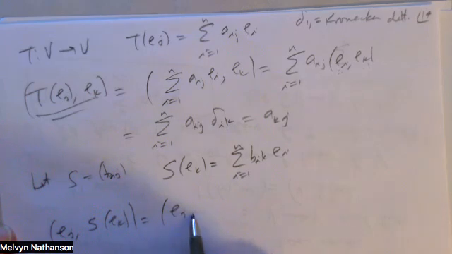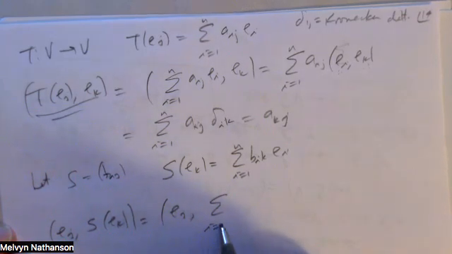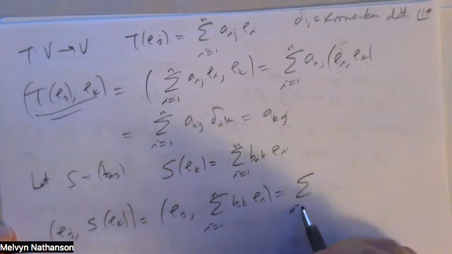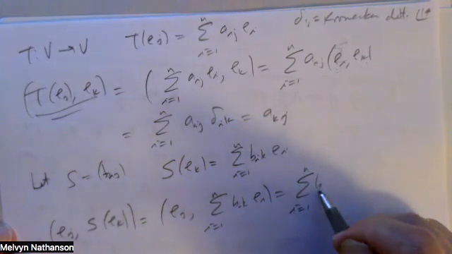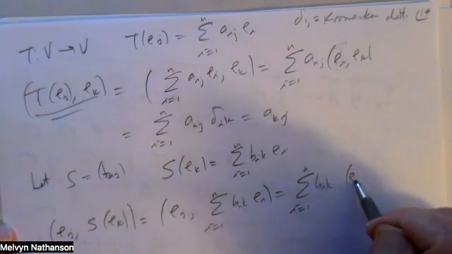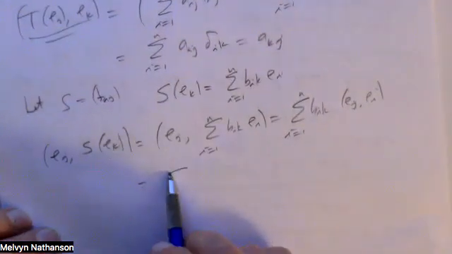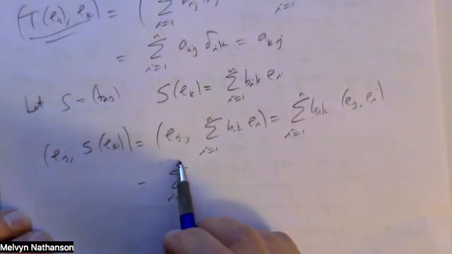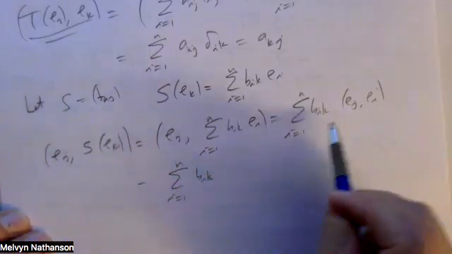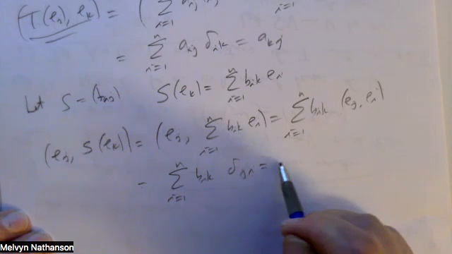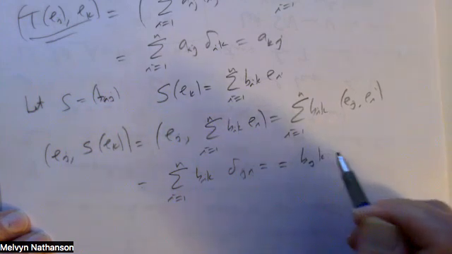That's the inner product of Ej and the summation, i goes from 1 up to n, of Bik Ei, which is the summation of Bik times the inner product of Ej and Ei, which is the summation of Bik delta ji. This is 0 except when i equals j. So this is B sub jk.